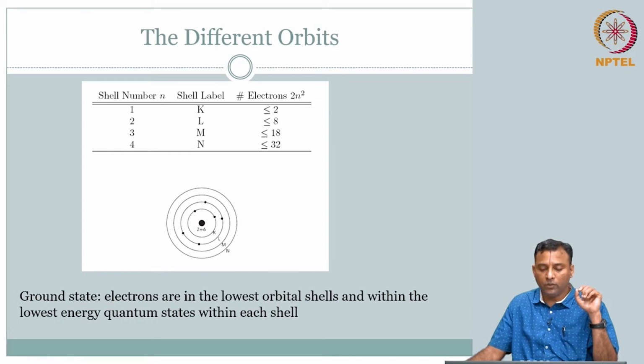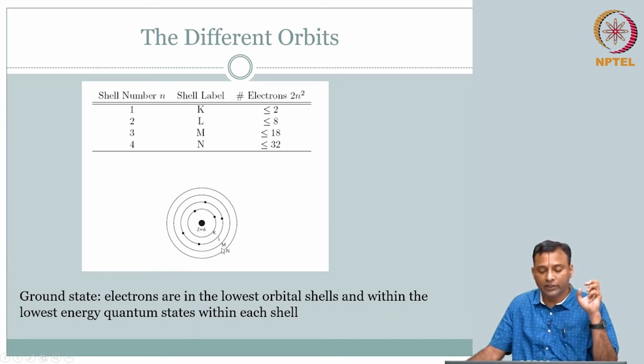Why is this important? Left to itself, the ground state requires that each electron not only occupy the shells starting from K. Electrons are in the lowest orbital shells and within the lowest energy quantum state.